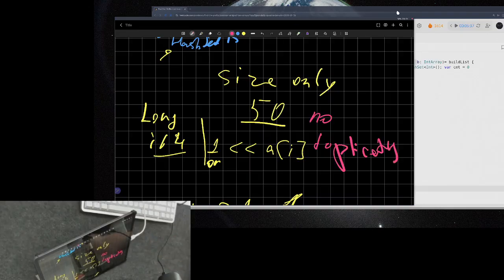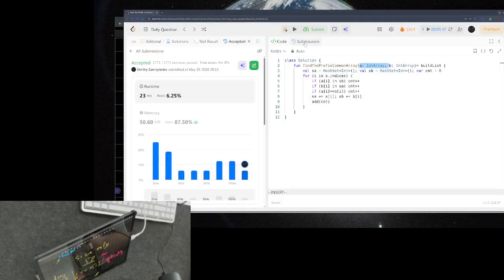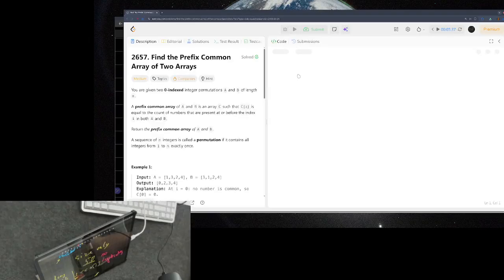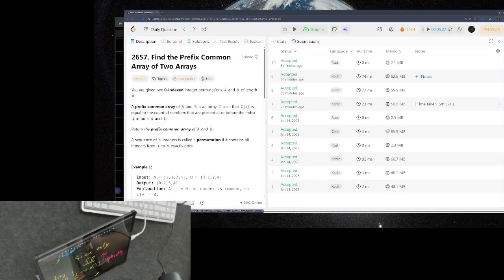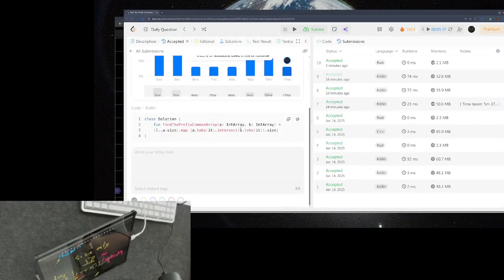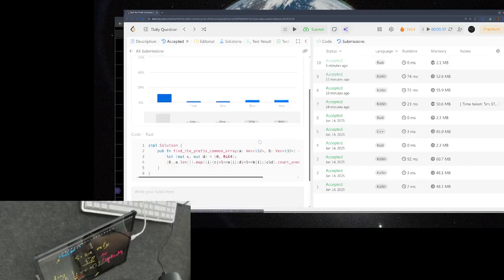Now let's look at the shortest version of the code for Kotlin. It is brute force. You use intersect, and for Rust you have to use bitmask.